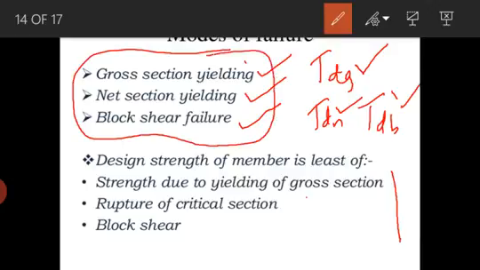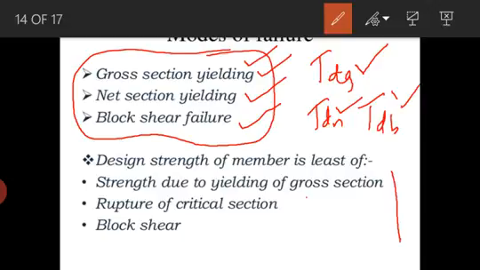That is cross section yielding. Yielding means the member may elongate more and more, then become unserviceable at one particular point. Then net section means when the member has more holes at a particular section, it starts rupturing at that section because of the higher stress concentration.